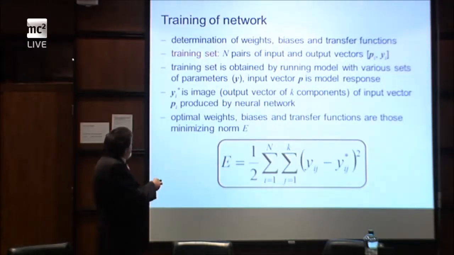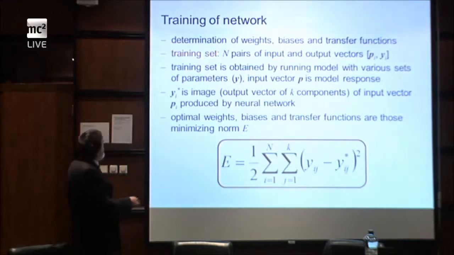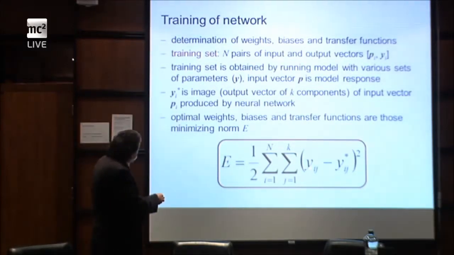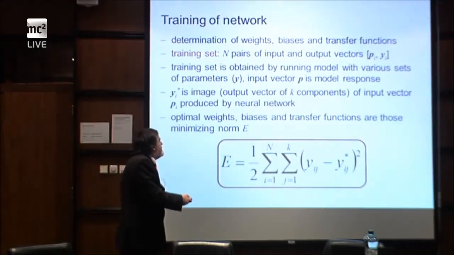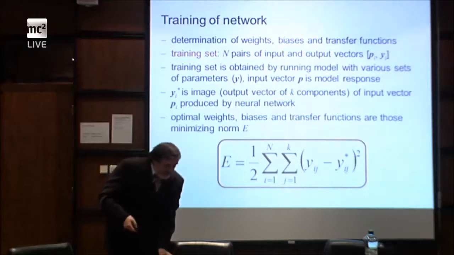And then the optimal weights, biases, and transfer function are those minimizing the norm during the training of the network. So it's actually some sort of optimization process to train the network.